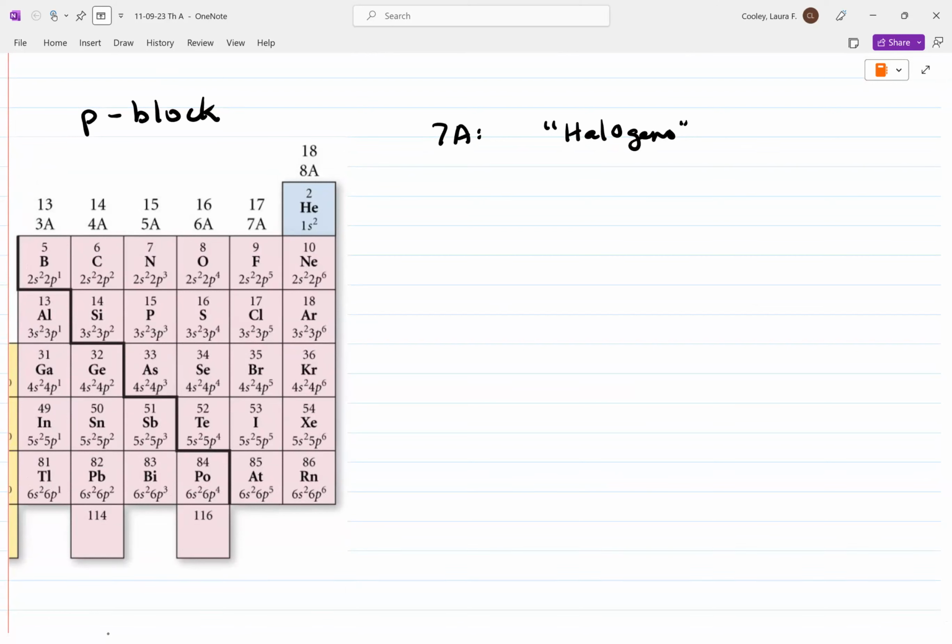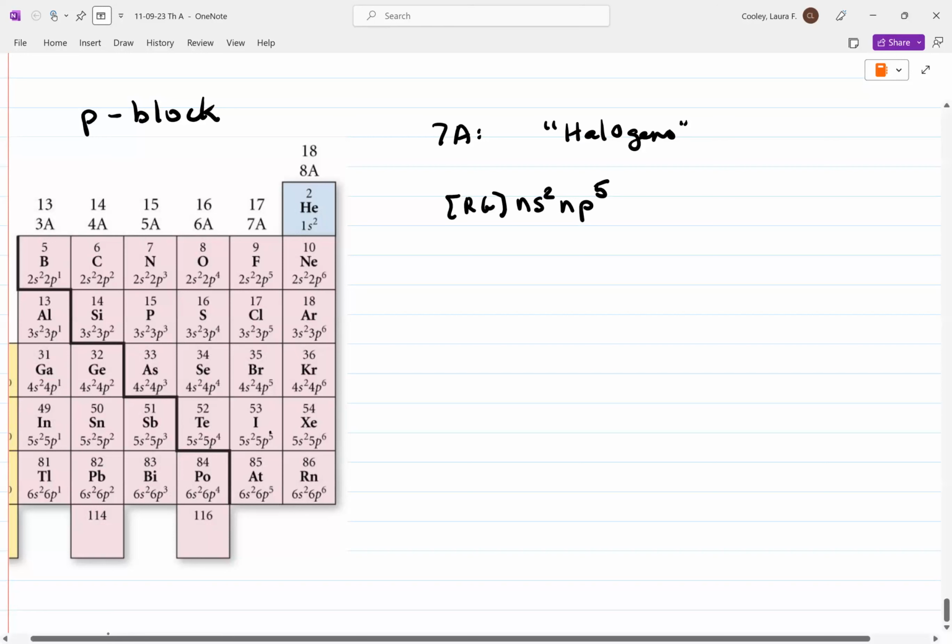Anyway, as you go down here, the halogens end with a rare gas configuration, and then you have ns2, np5. They're all like that. 5s2, oops, wrong one. Next one, this one. 5s2, 5p5, 3s2, 3p5. Okay, so fluorine, for example, is helium 2s2, 2p5.